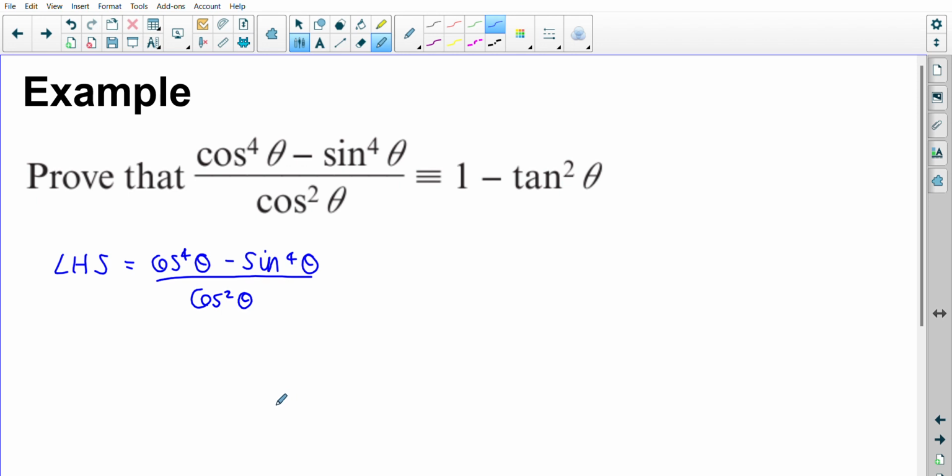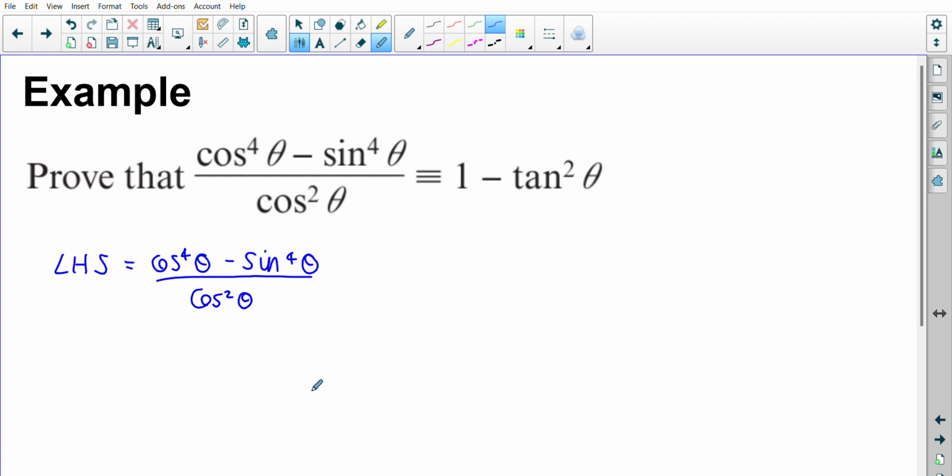Go back to the start and we have to try again. So it's one of those where you just have to try something and see if it works. So you could try substituting in using the sine squared theta plus cos squared theta equals 1 identity. See how you can link that to the power of 4s.